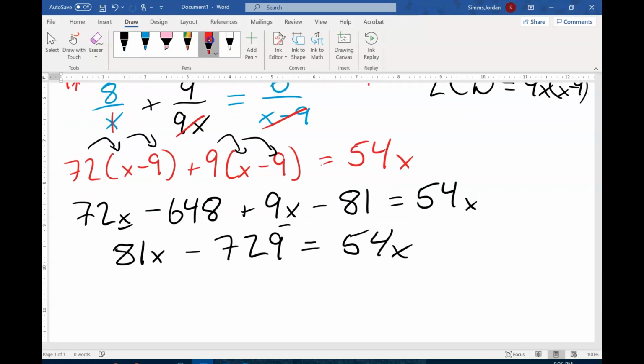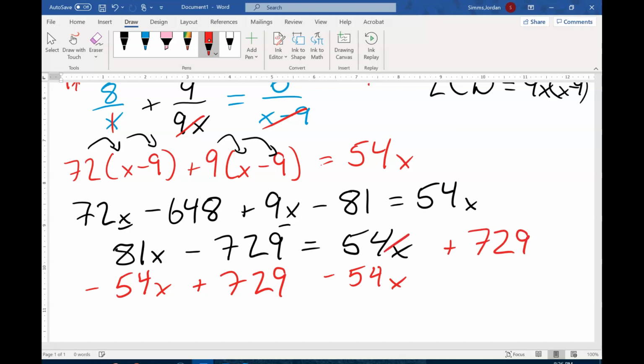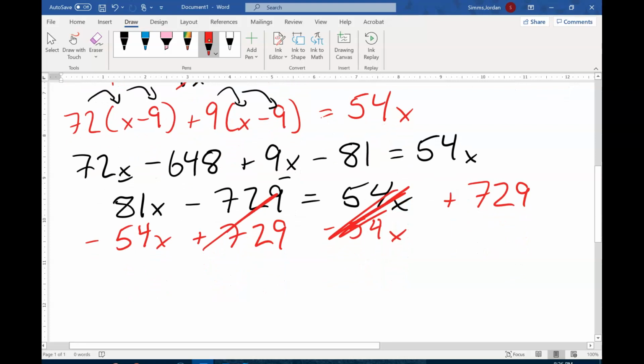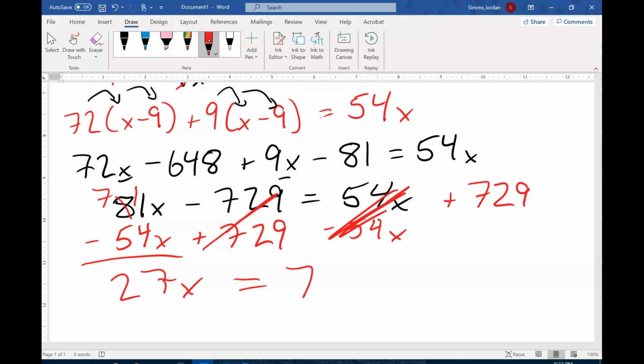Then what I'll do is I'll two-step this. I'll minus 54x from both sides, and I'll add 729 to both sides. So I'm just trying to save myself some room. I hope I didn't lose you on that. That cancels. 81 minus 54 is 27x, and that's going to equal 729, right?